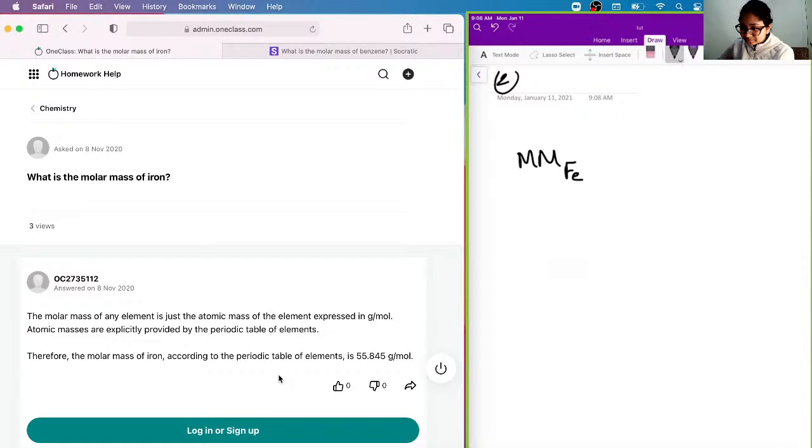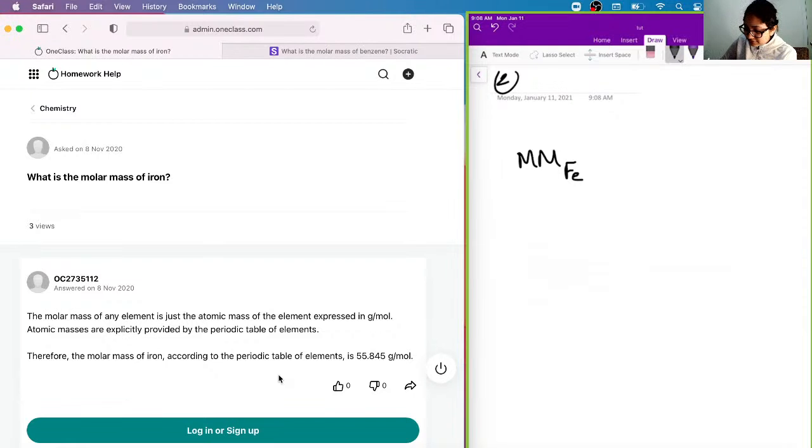And so the molar mass of any element, since iron is an element, it's not a molecule or compound, so it is just the atomic mass of the element expressed in grams per mole.